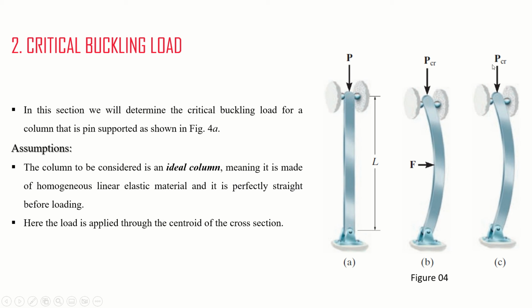If you reduce it to 0, it will become a straight column just like the previous one. What happens if you increase from P critical? At P critical there were 50 kPa, and if you increase it to 55 or 60 kPa, it will start deforming and the buckling will increase. So this is basically the concept and the criteria.